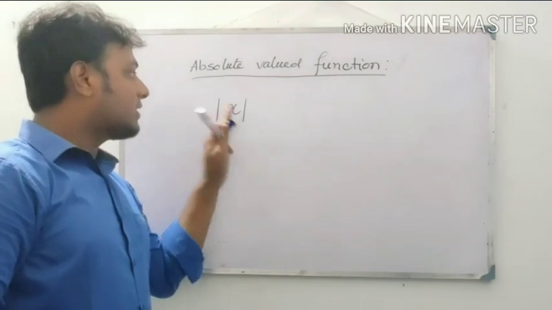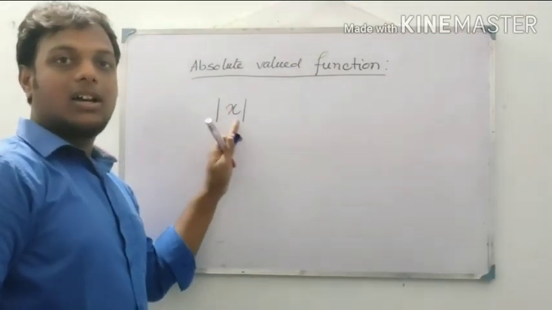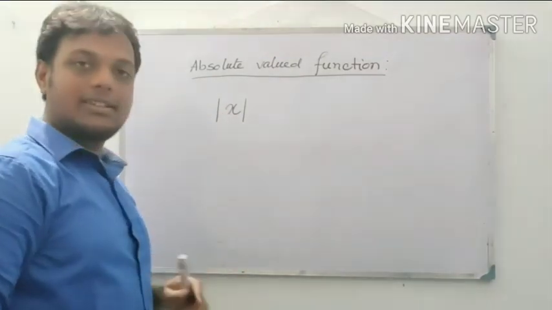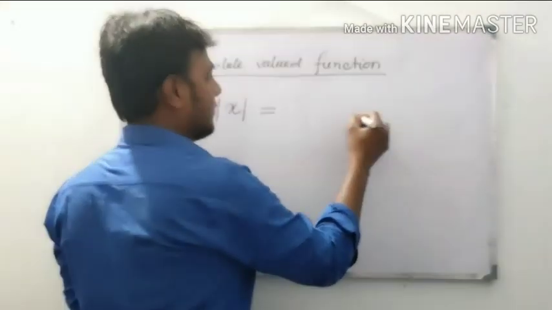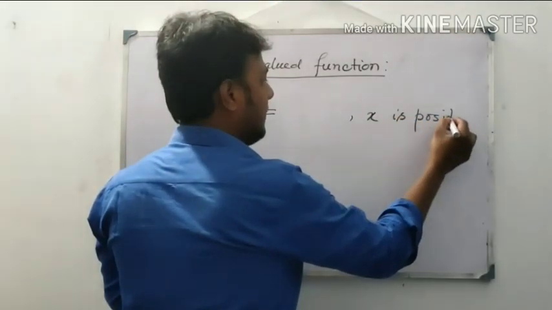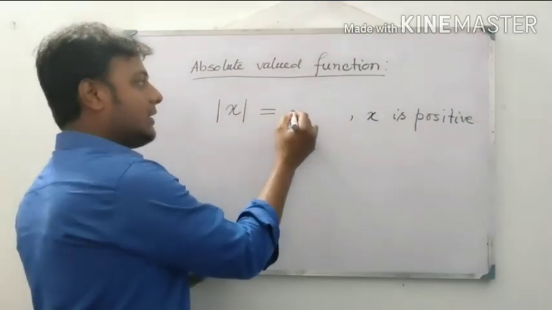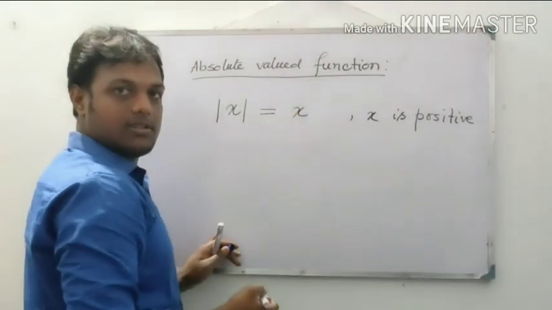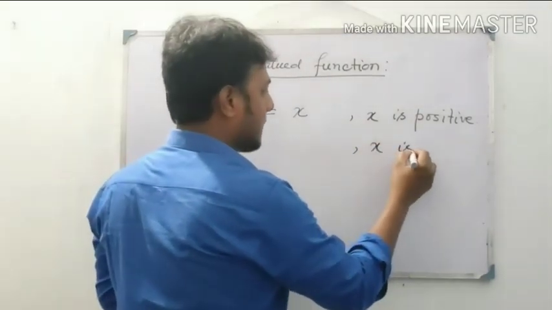The value of mod x depends on the positivity and negativity of x. Suppose I consider that x is positive. If x is positive, then mod of x will be x itself. There is no change.